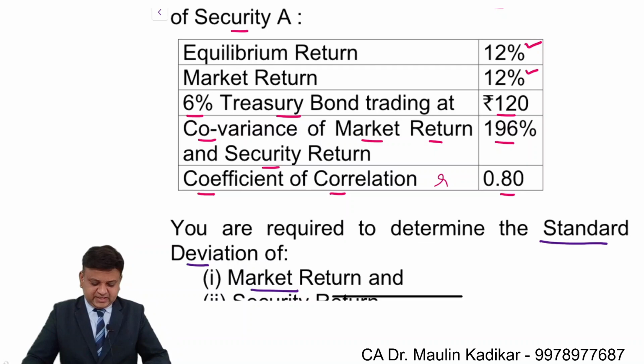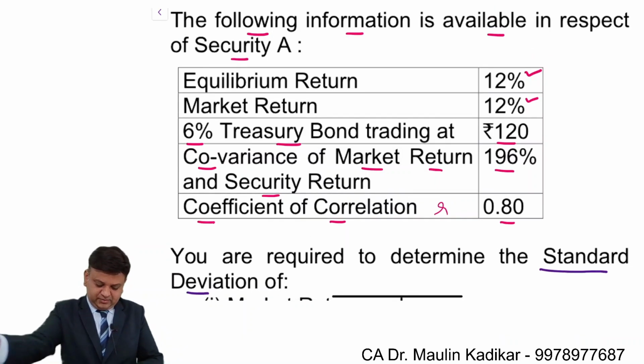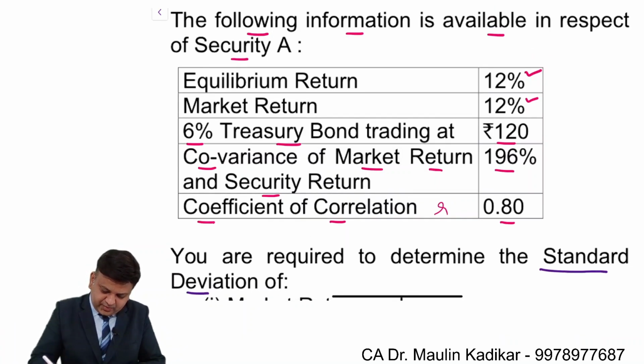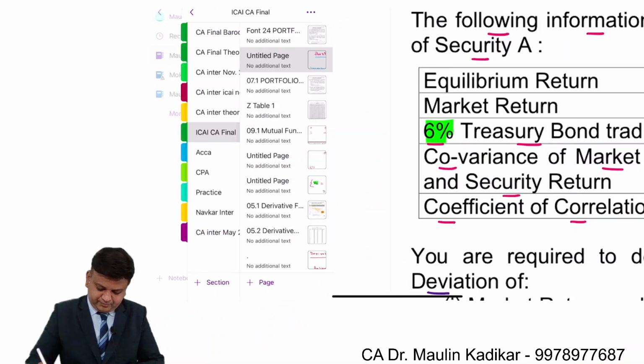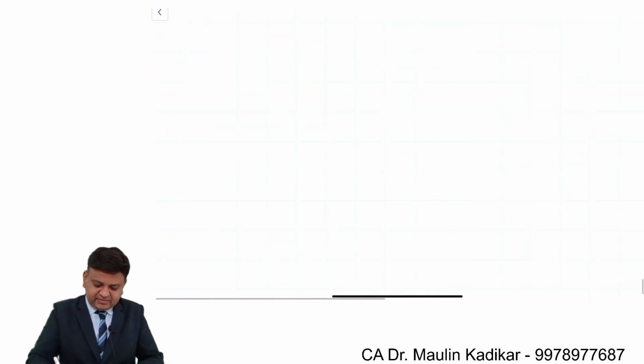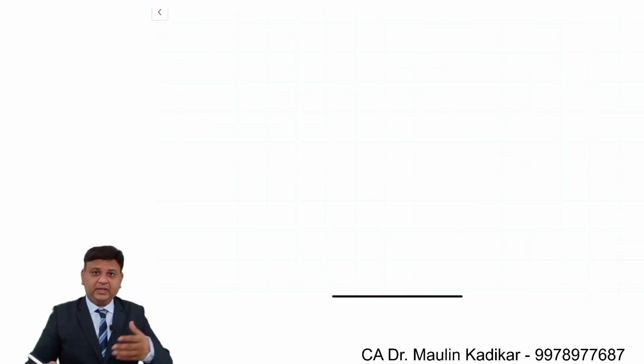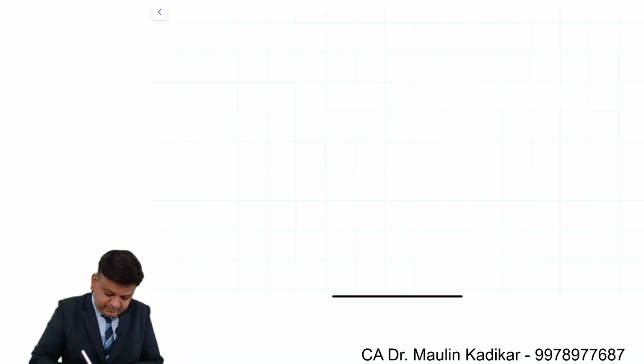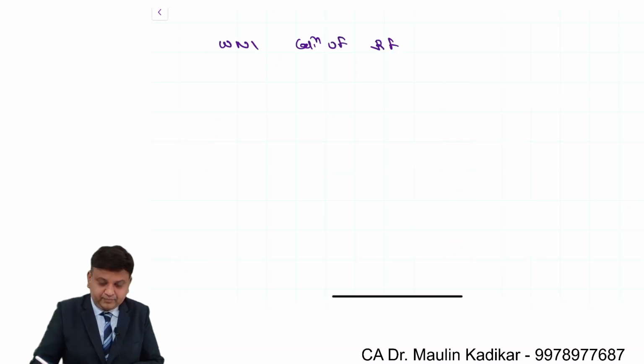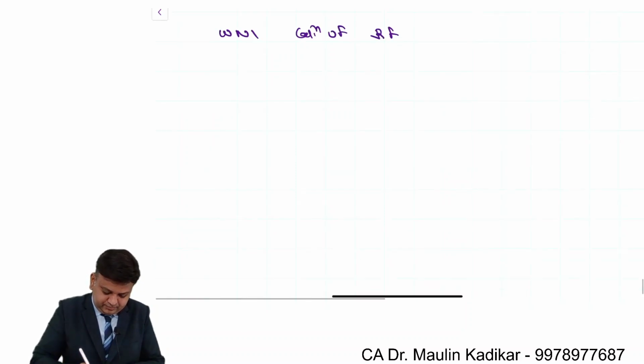Let us understand how to make the calculation of the answer. The question is providing the information that the 6% treasury bond is trading at 120. So we can say something like this. Please write down the answer along with me. Working note number 1, calculation of RF.